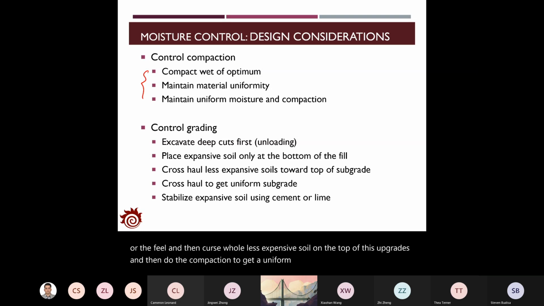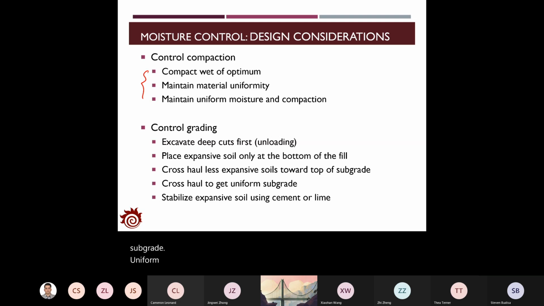If the soil is very expansive, then we probably need to apply some chemicals, using cement or lime, to stabilize this expansive soil to make the subgrade uniform and make it less sensitive to the water contents.